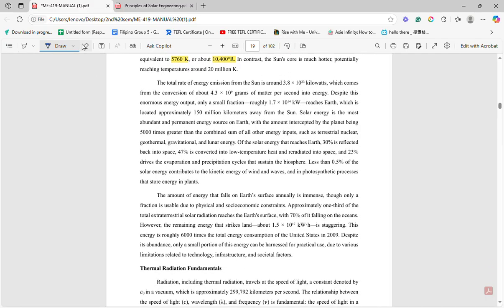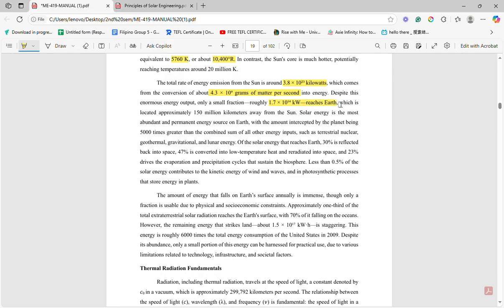So the total rate of energy emission from the sun is around 3.8 times 10 to the 23rd kilowatts, which comes from the conversion of about 4.3 times 10 to the 9 grams of matter per second into energy. And despite this big amount, only a small fraction, 1.7 times 10 to the 14 kilowatts, reaches Earth.